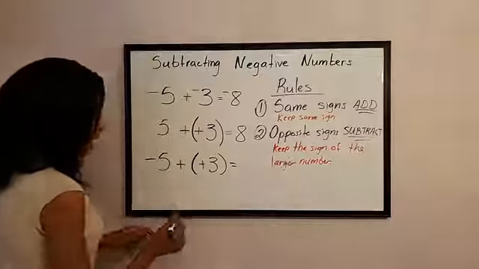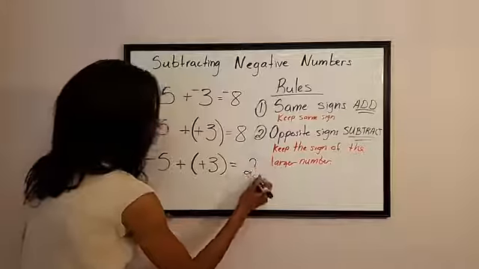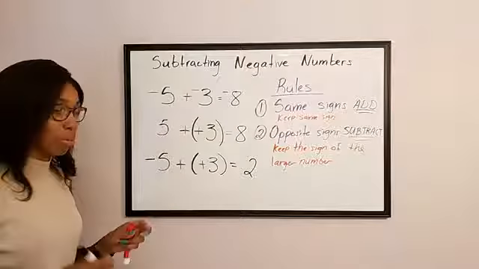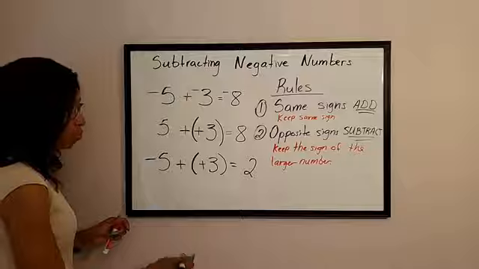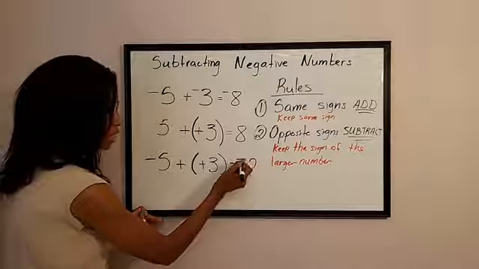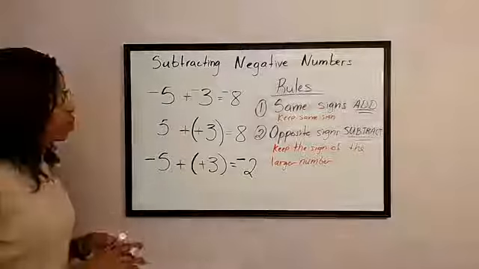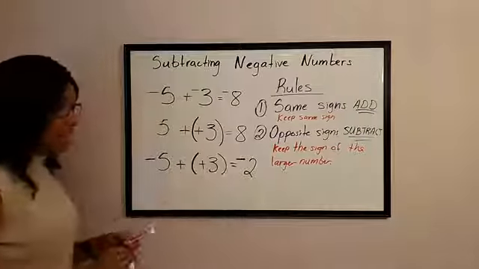So I'm going to subtract. 5 minus 3, I get 2. But I'm going to check the sign of my larger number. So 5 compared to 3, 5 is a larger value, and it carries the negative, so my answer is negative 2.